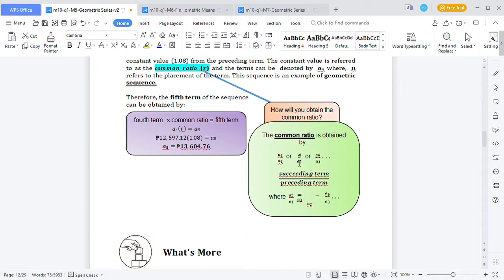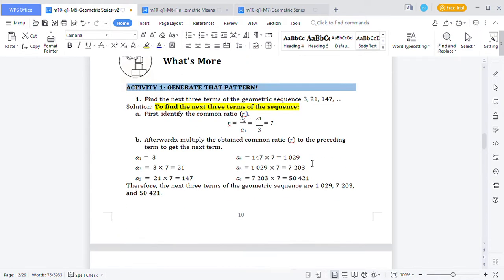You divide the succeeding term by the preceding term. For example, A sub 2 divided by A sub 1, or A sub 3 divided by A sub 2, or A sub 4 divided by A sub 3. That is how you get your common ratio.